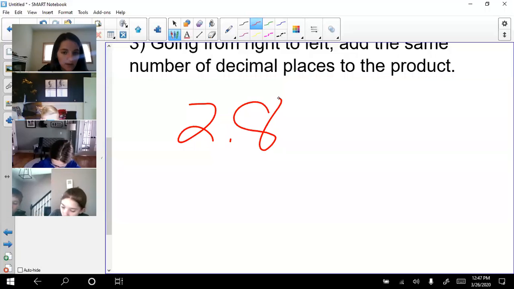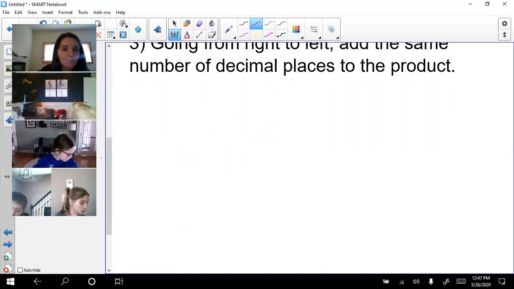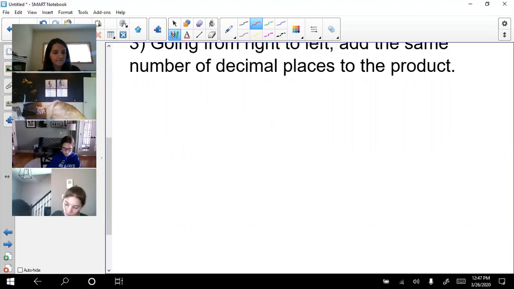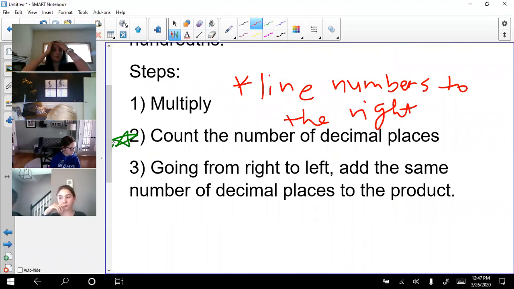It looks like for 1 through 5, you have to decide where the decimal point goes. Go ahead and do that now. You don't have to multiply it for numbers 1 through 5. You don't have to solve it because they give you the answer, but you have to decide where the decimal point goes.